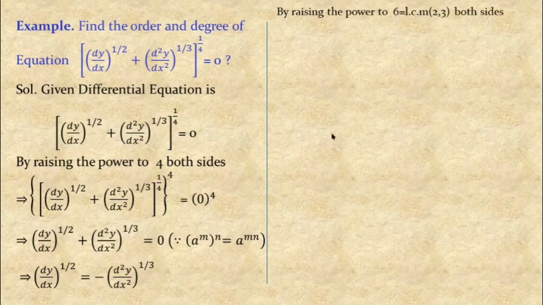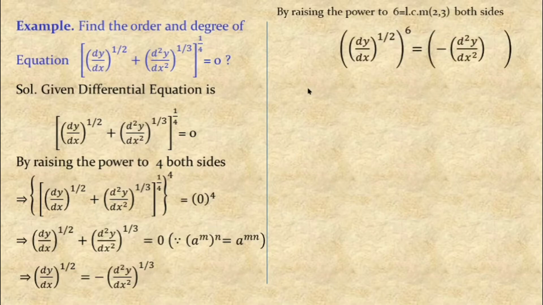Why 6? Because 6 is the LCM of 2 and 3. That's why we raise the power by 6, and both sides we apply power 6, and we get it like this.